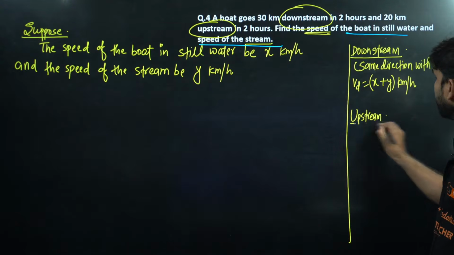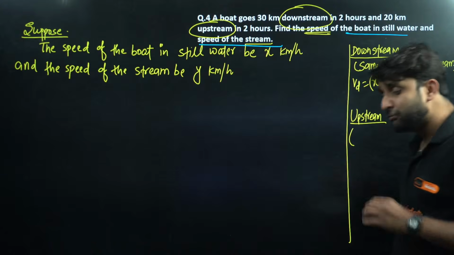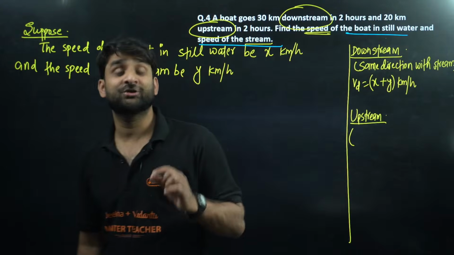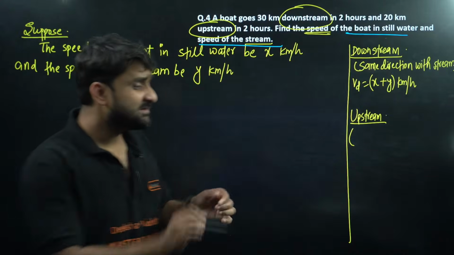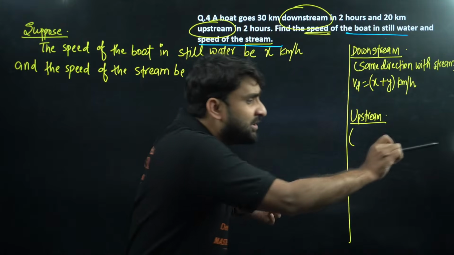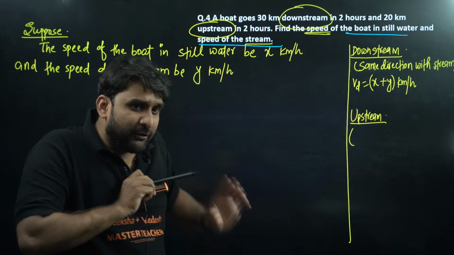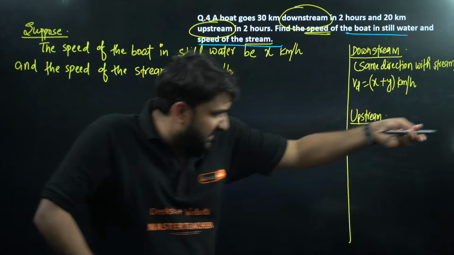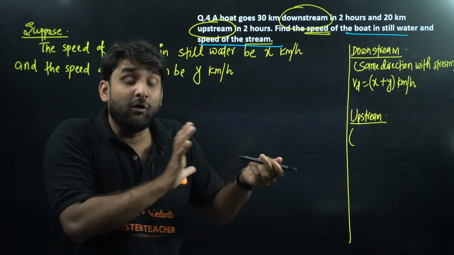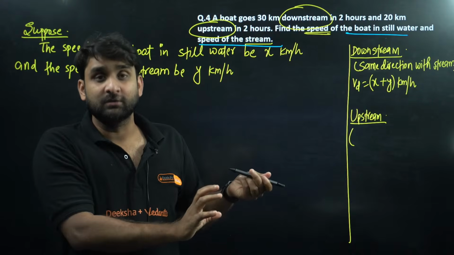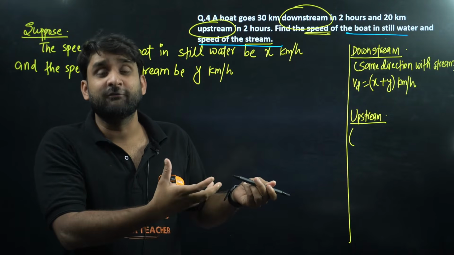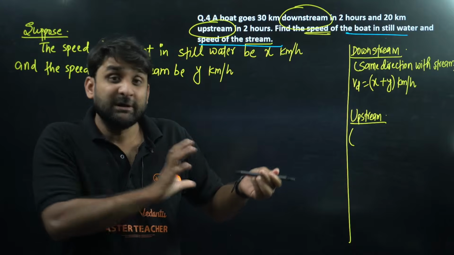My dear champion, upstream is what? When the boat is going in the opposite direction of water. Means the water is flowing in this direction and the boat is coming in this direction. Means the flow of water will be opposing the boat.